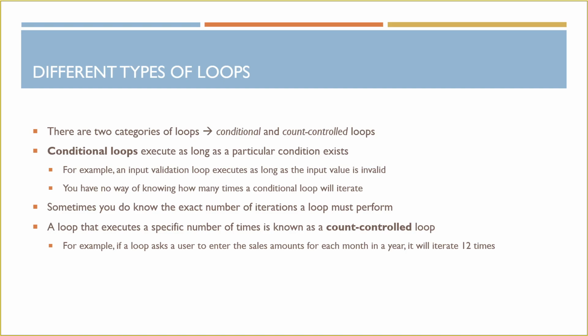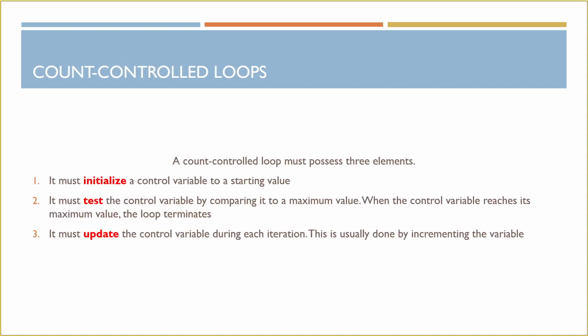A loop that executes a specific number of times is known as a count-controlled loop. So, for example, if a loop says enter sales amounts for each month in a year, we would know that we want to iterate through that loop 12 times. Once per month, for a year is 12 times.